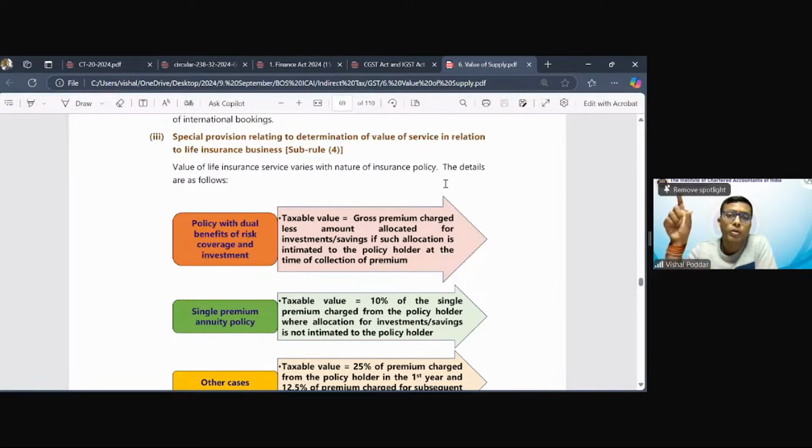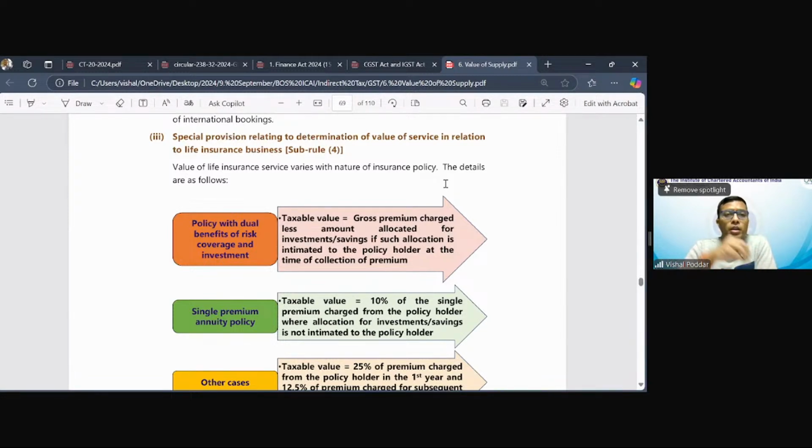You may have exported some goods for which you have received this $1 lakh, now for which you want the rupees. So your $1 lakh is the value of export on which the tax and refund and everything is already done. But this $1 lakh which you have received for your export of goods or services, you are coming to me for getting it converted into rupees.